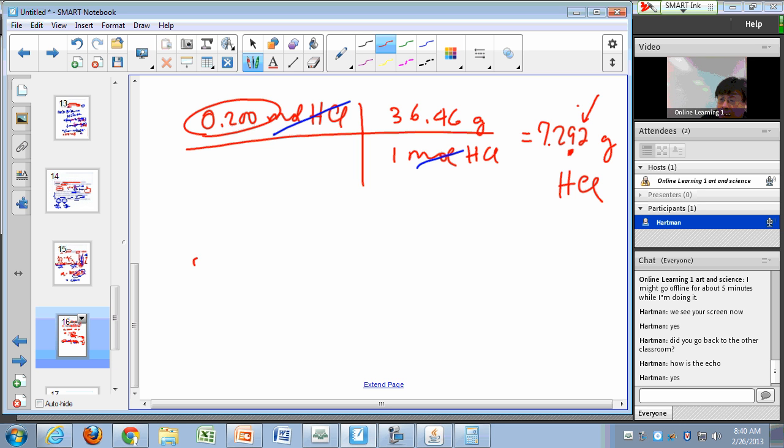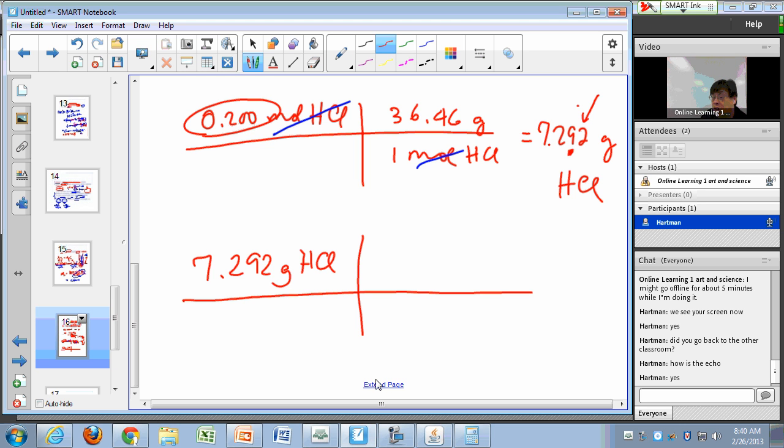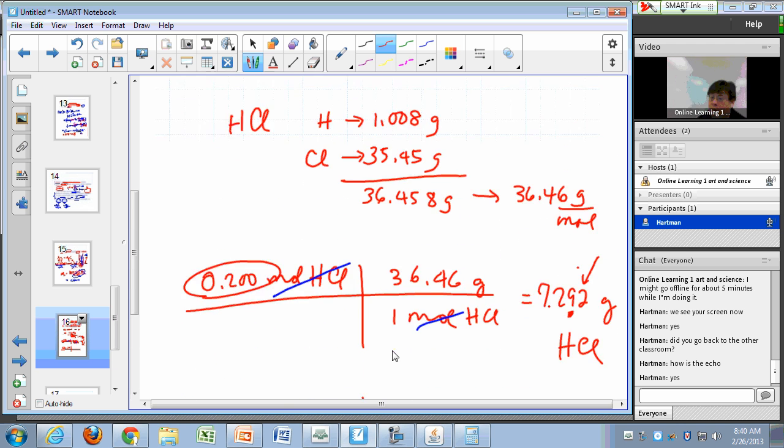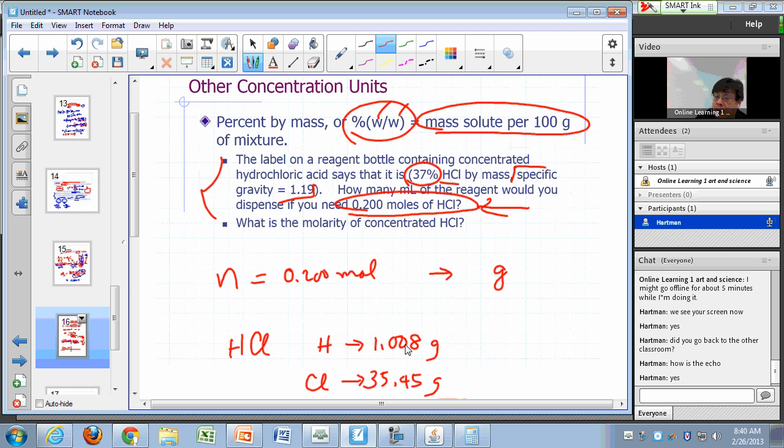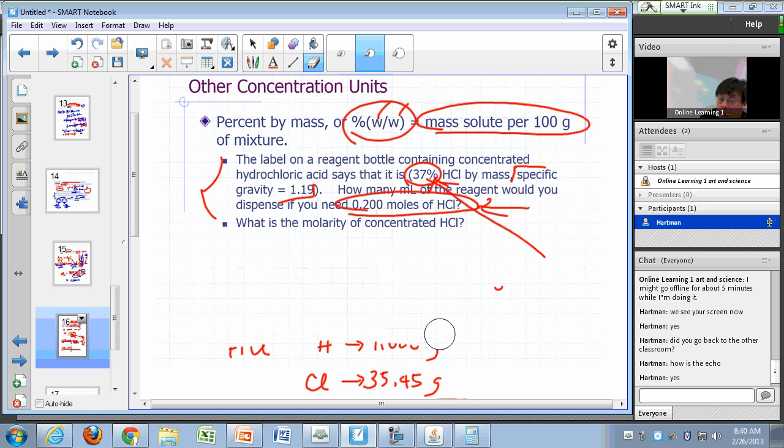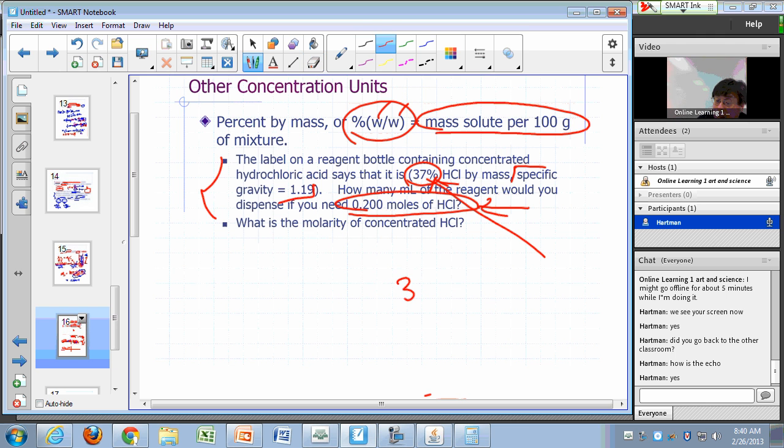So I'm going to say, okay, 7.292 grams HCl. I have to take it from a mixture that's only 37% HCl. So I can use this conversion factor right here, 37%. That means that 37% by mass simply means that I'm going to get 37 grams of HCl in 100 grams of solution.